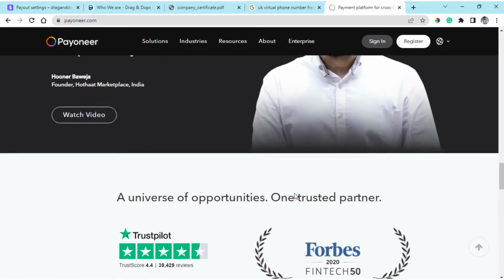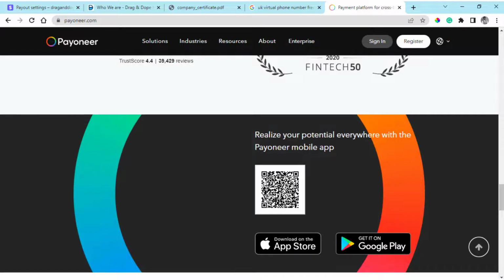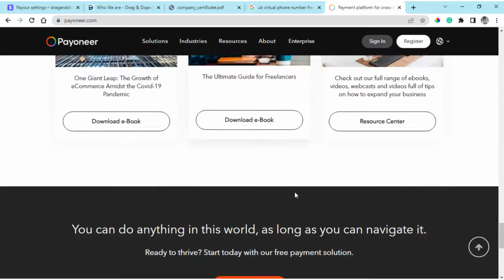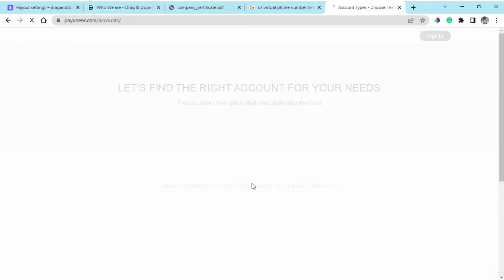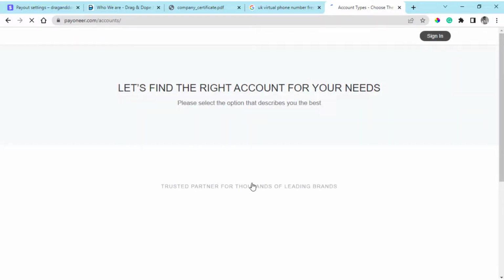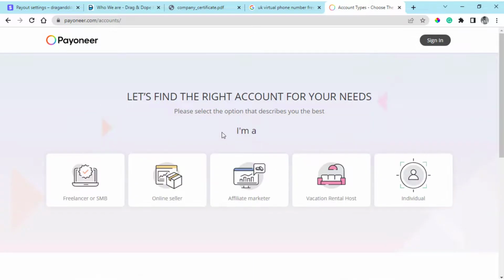So that account number is registered with a physical bank, either in the United States or United Kingdom. So it means that you can give that account to other companies and get paid.